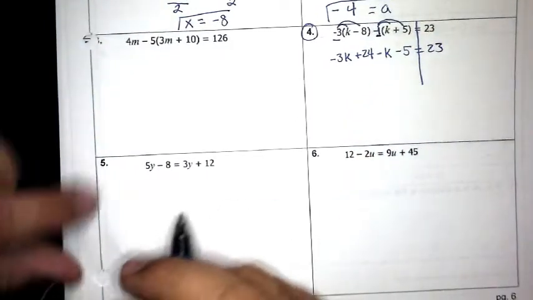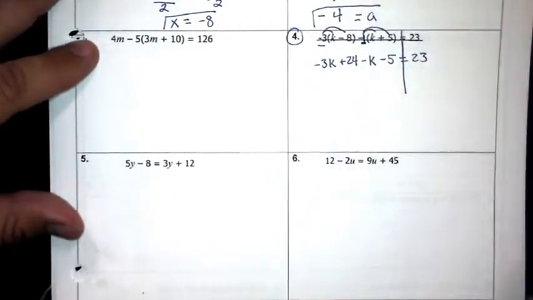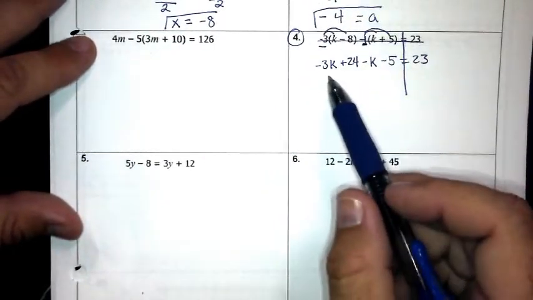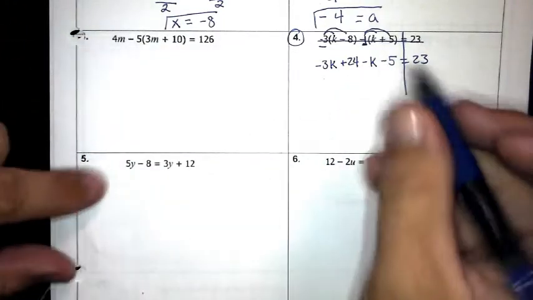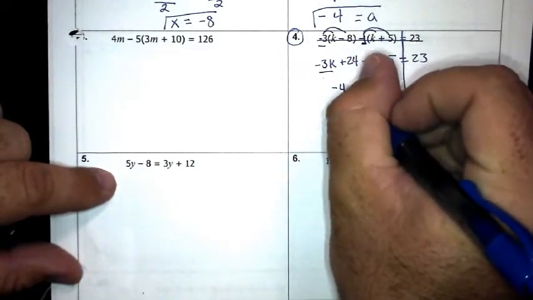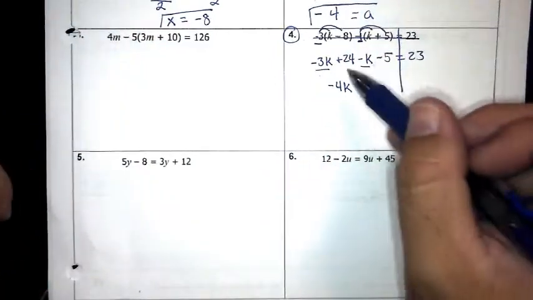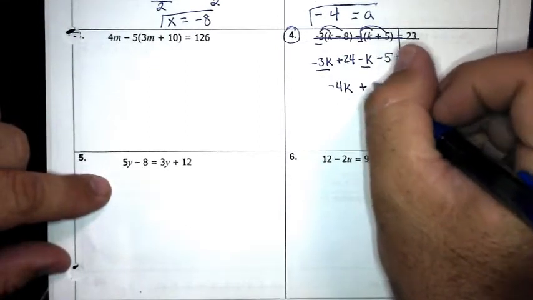Now we've distributed. I'm done with that top row. Are there any like terms to combine? Yeah. Here and here, which will give me -4k. 24 plus -5 is 19.